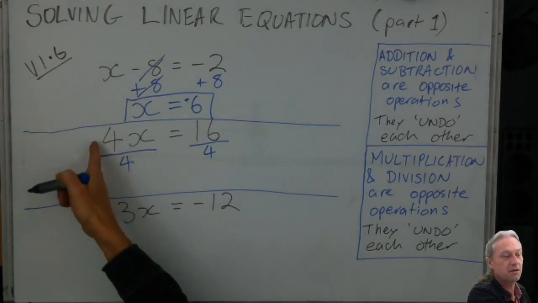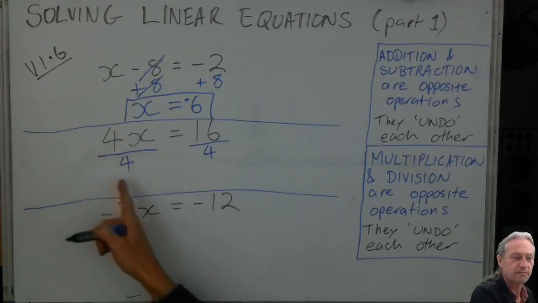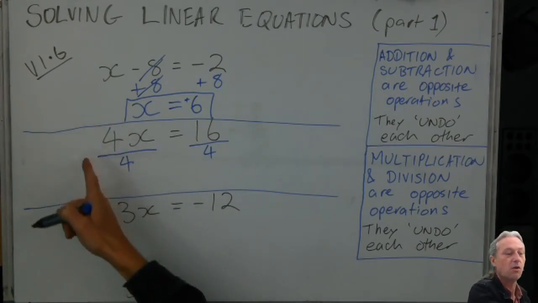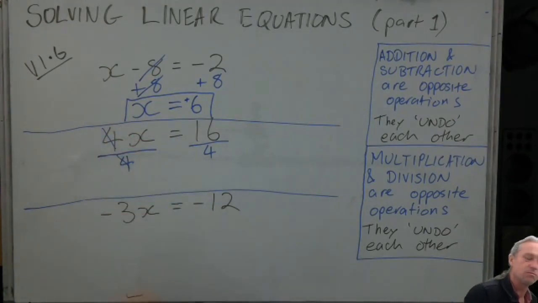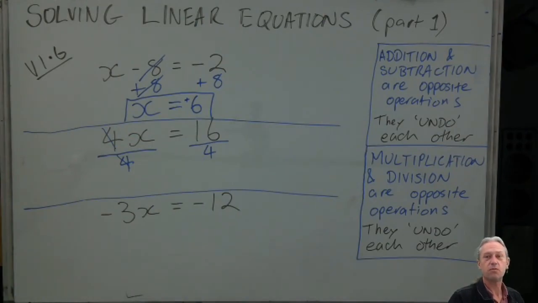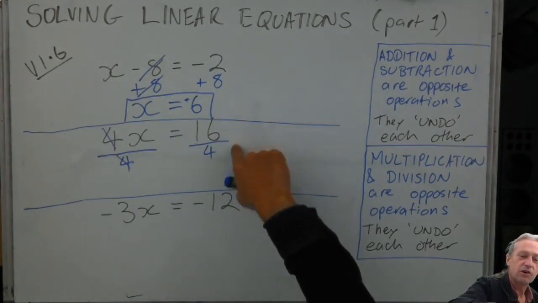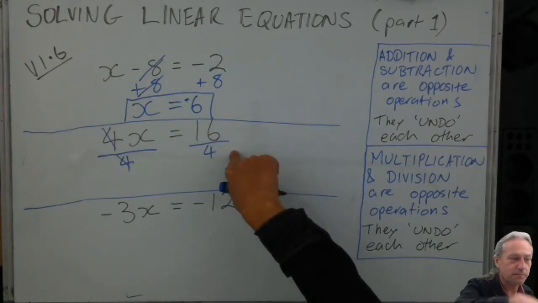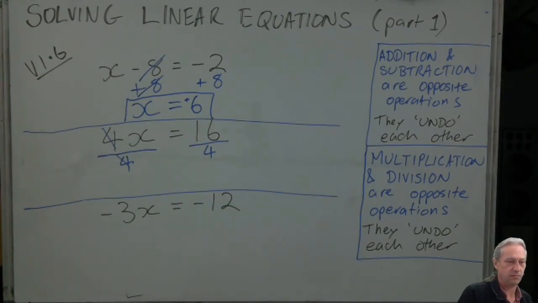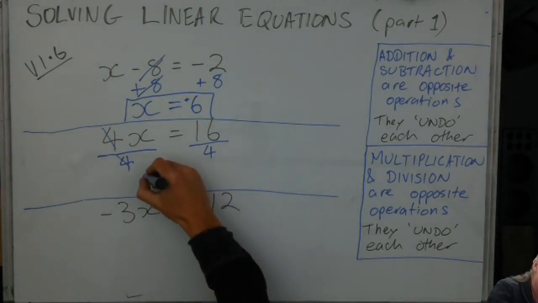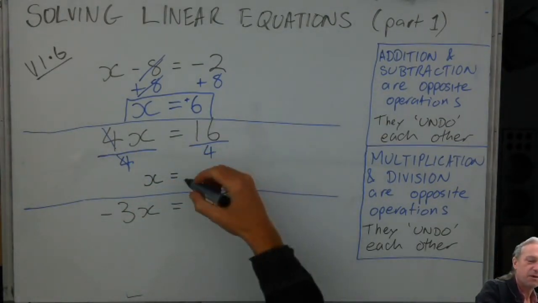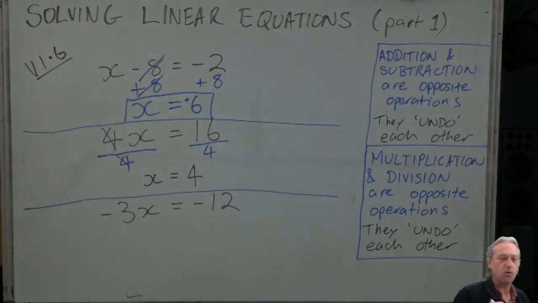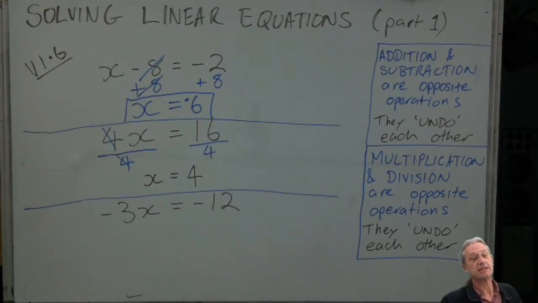So we've turned this 4 at the front, by dividing by 4, we've turned it into 1 lot of x. So on this side, those cancel in the same way that a normal fraction would cancel if we had the same thing on the top and the bottom. And over here, we've got 16 divided by 4. So if we just write the next line, we've got x on its own now, 1 lot of x. 16 divided by 4 is 4, because 4 times 4 is 16.